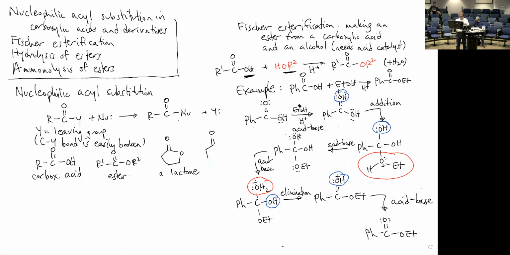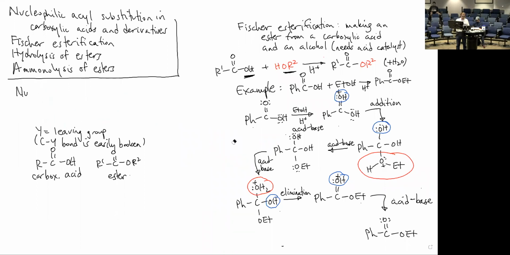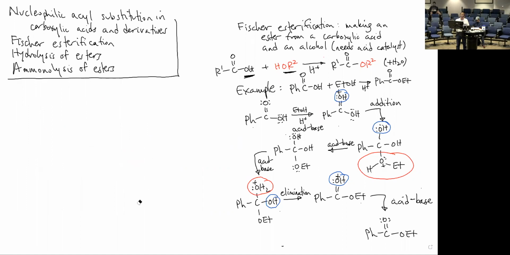Let me go over why that is, that it needs to be done under acidic conditions, since I think there's a very good reason, and I think it's one you will understand. Fischer esterification must be done under acidic conditions.